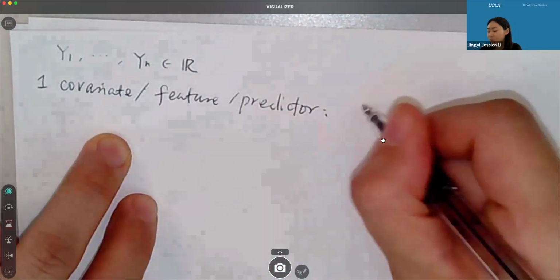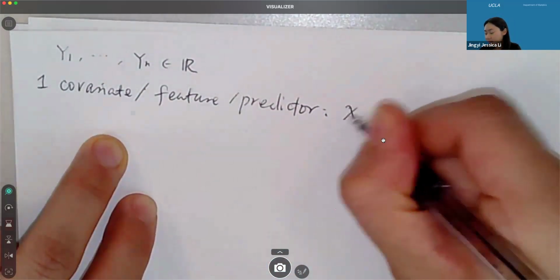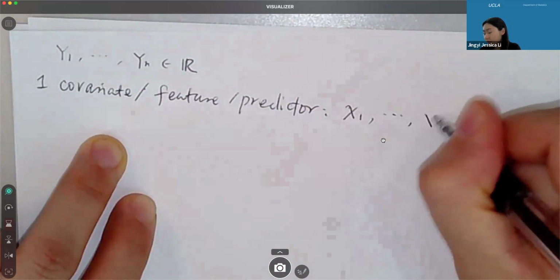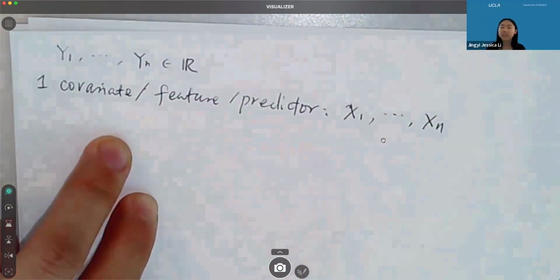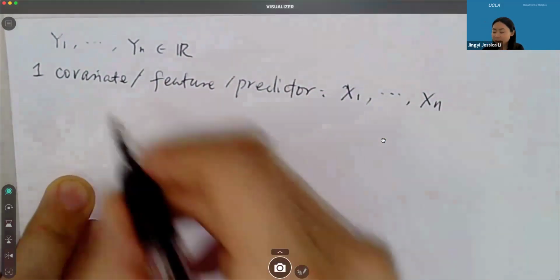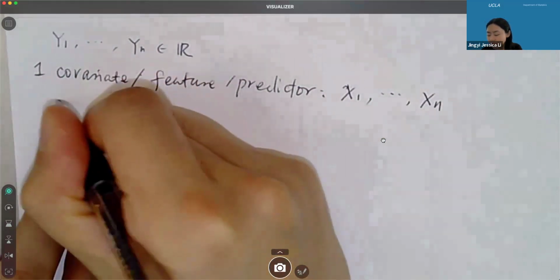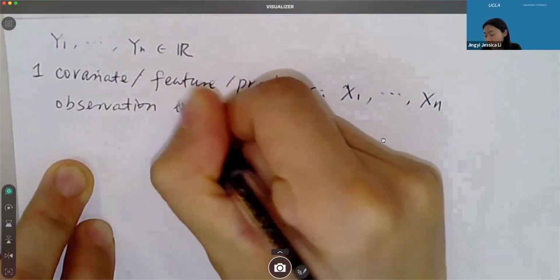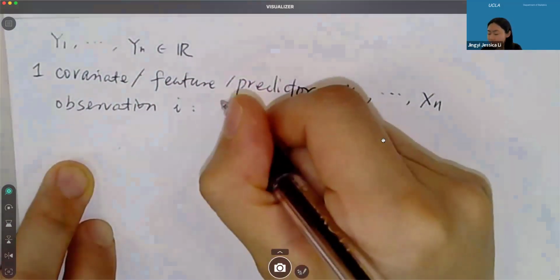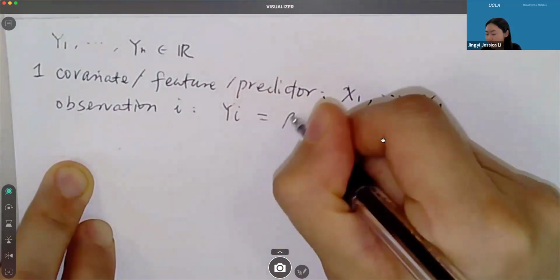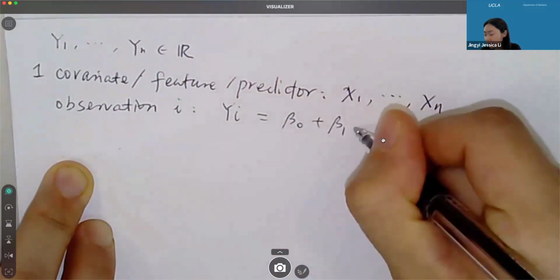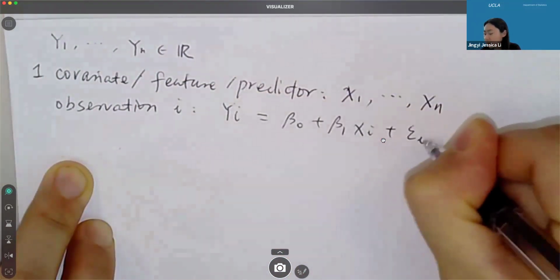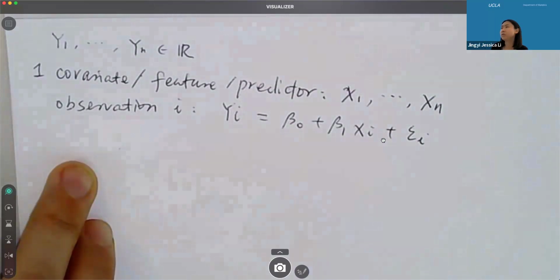Then we write x1 to xm. So the simple linear model, you could write for observation i as yi equals beta 0 plus beta 1 xi plus epsilon i. This is the one observation form.